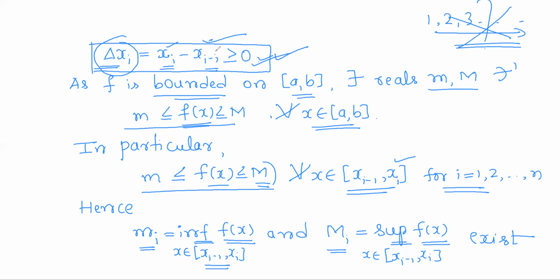So this is the only difference between the Riemann integral and the Riemann-Stieltjes integral. In the Riemann-Stieltjes integral, in place of delta x_i, we consider some other notation with respect to an increasing function. That we shall see now.